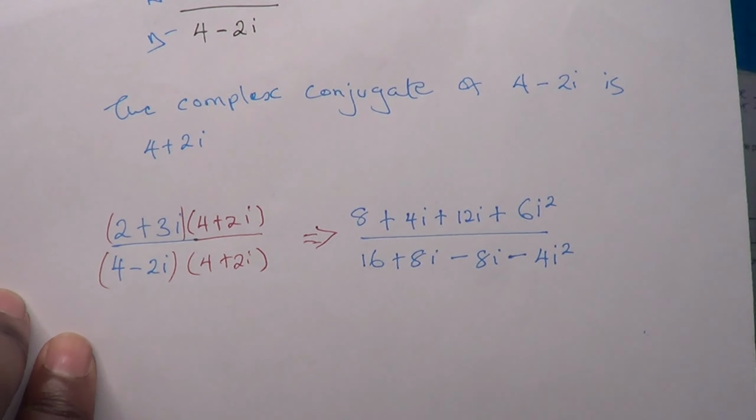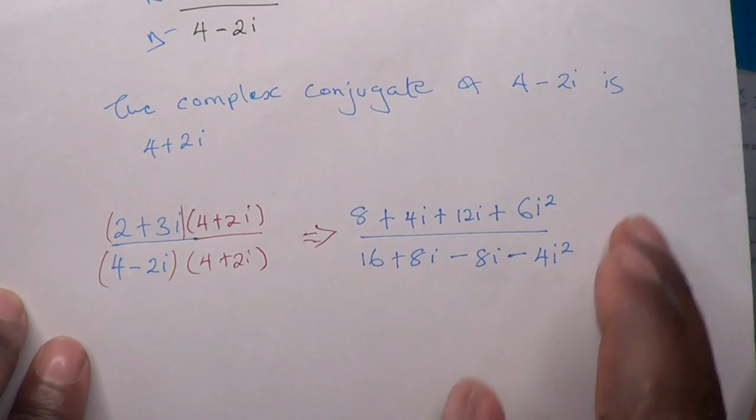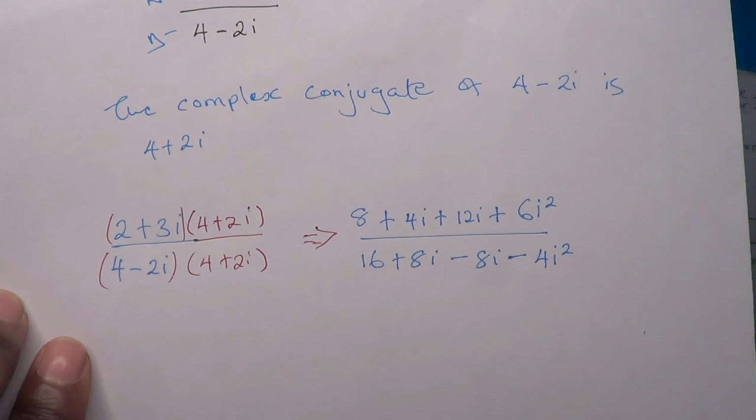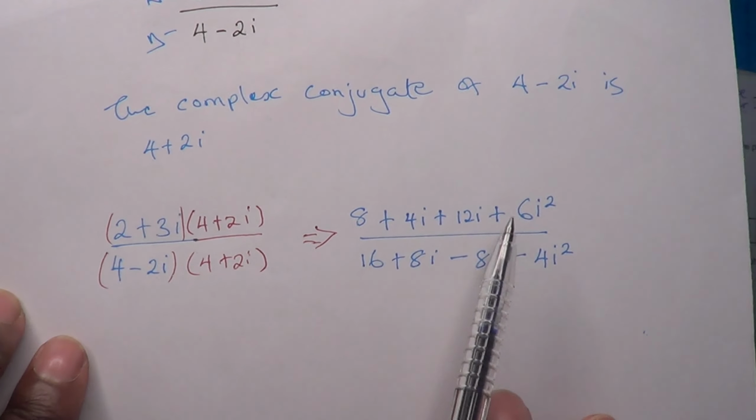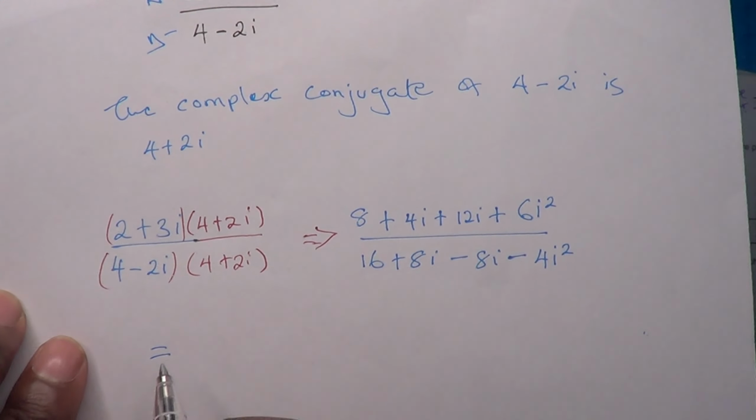So now we have multiplied the complex numbers. The next thing we need to do is to combine the like terms.